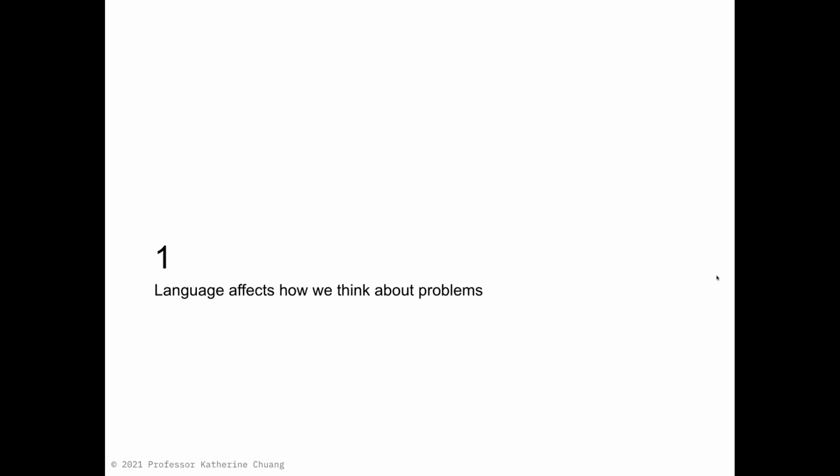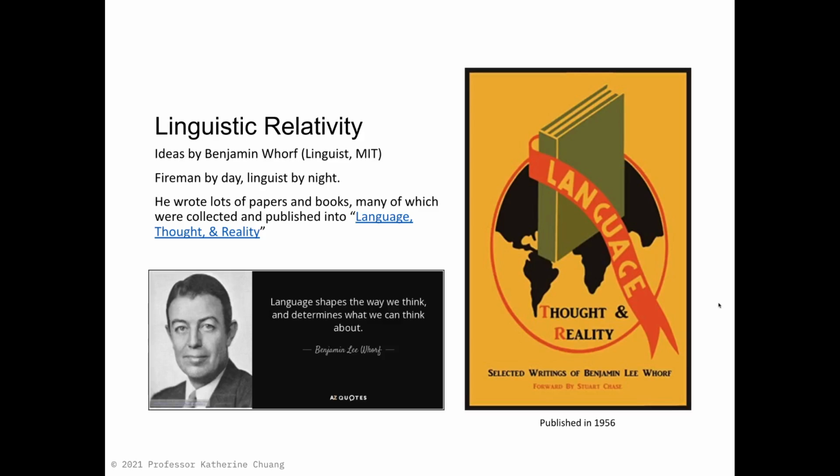So the first thing: language affects how we think about problems. There's actually someone who wrote a book about this phenomenon. He is a linguist. When I was reading his biography, I found out that he is a fireman by day and linguist by night.